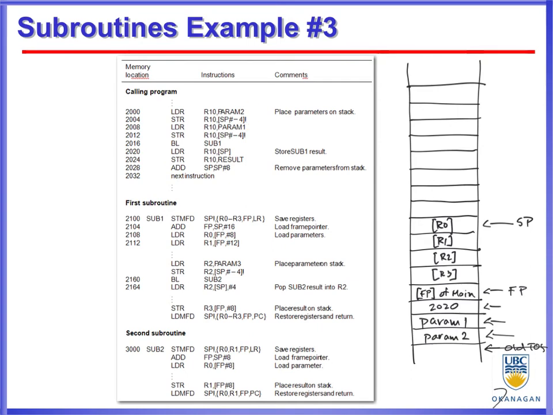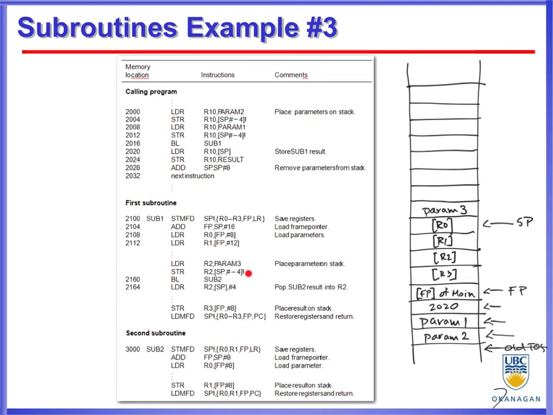Okay? So we're going to get another parameter, and we're going to put it into R2, and now we're going to store that parameter at the address SP minus 4. SP minus 4 would be here, so we're going to store what was at the memory location param 3, which is some number, lowercase param 3.